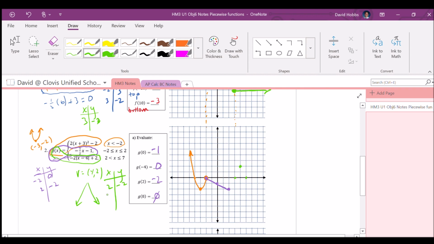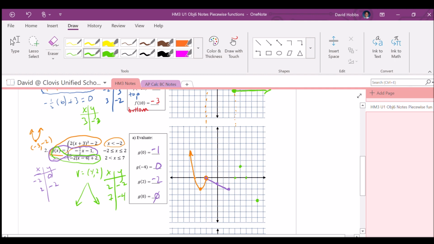And then if I input a 7, 7 minus 4 is 3, negative 2 times 3 is negative 6, plus 2 is negative 4. So 7, negative 4. And do I get to touch? I get to touch there.